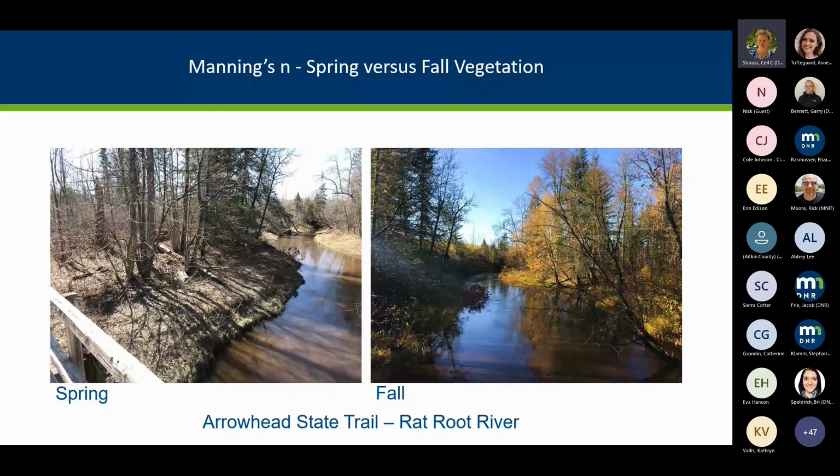And in the end, it did turn out that we were seeing higher levels because there was that difference in growth in the fall, whereas the modeling was done based on spring flows. So it could definitely be seen in what they were measuring on the river during that fall flooding.